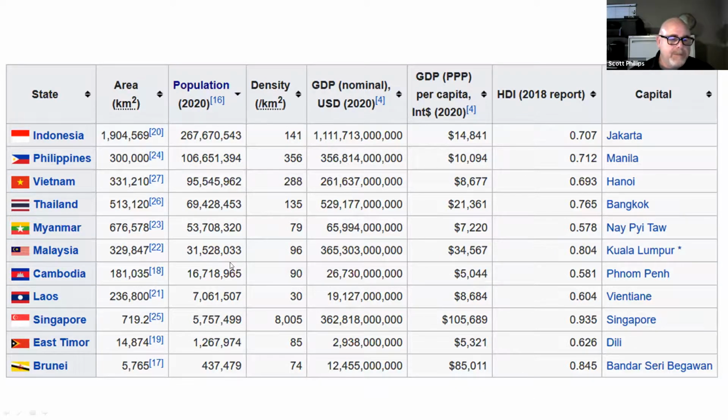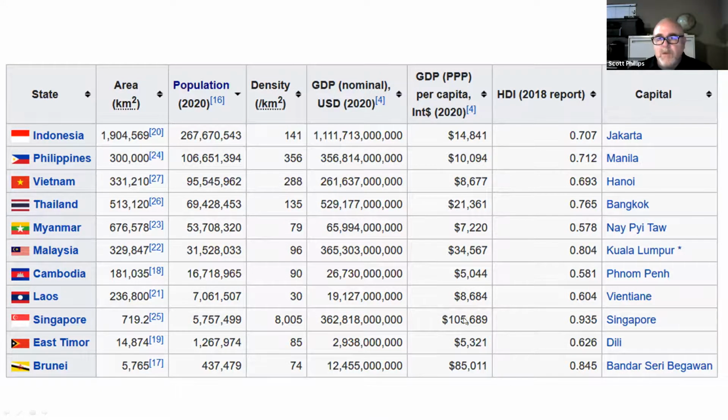Now, one thing I will highlight while I have this up is population density. If we look down this chart, one country that stands out is Singapore. Singapore is a tiny island country where everybody's packed on this little tiny island. So that's why you have such big population density, because it's just like one city.